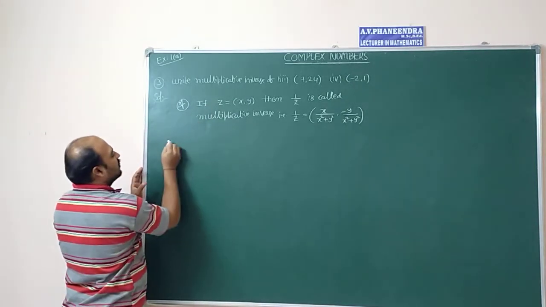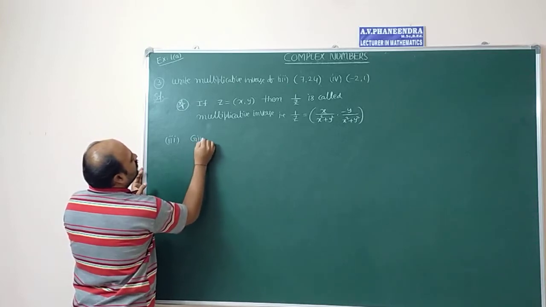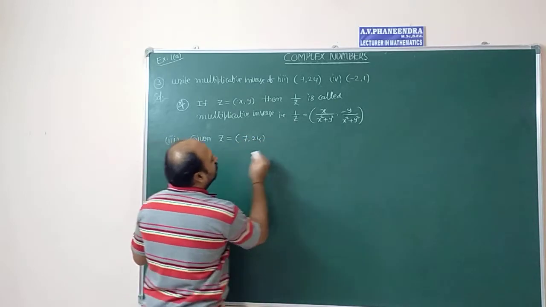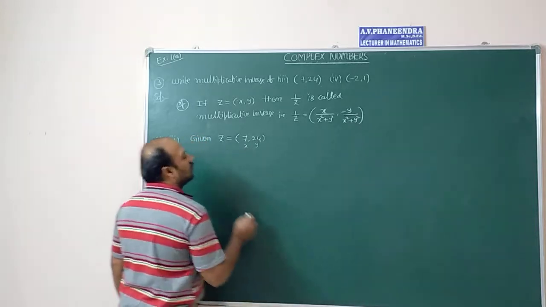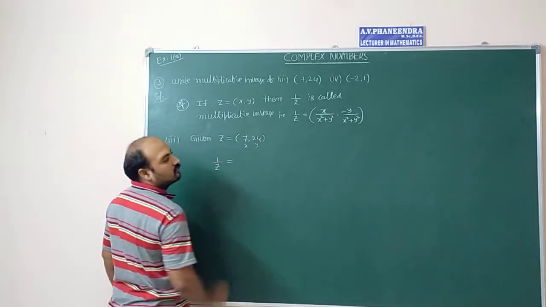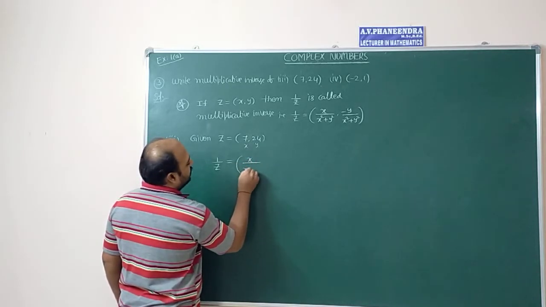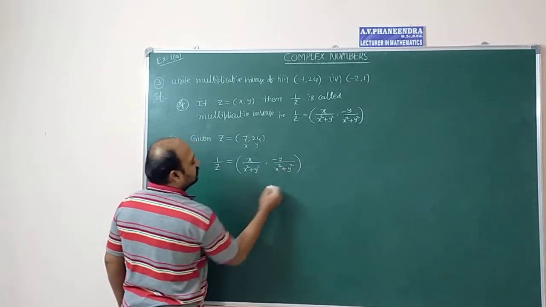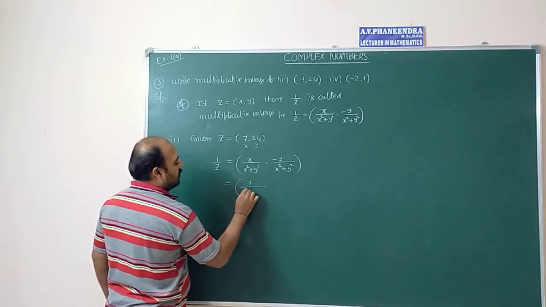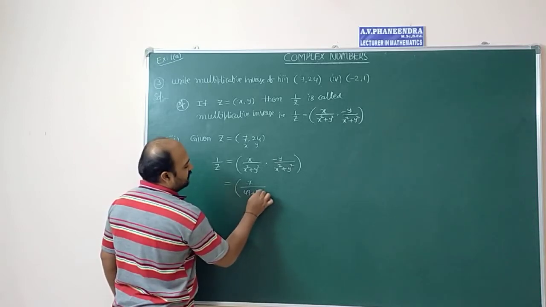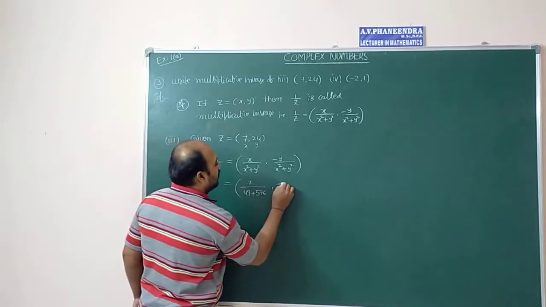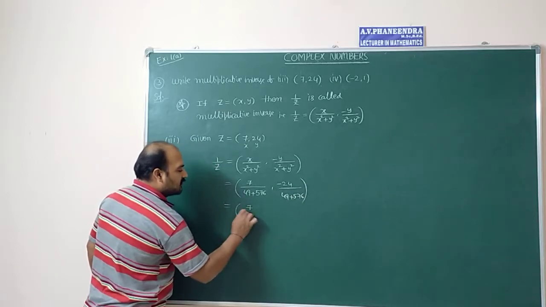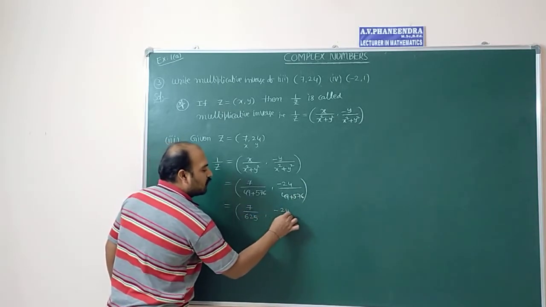Now come to the third question, Roman letter 3, that given Z is equal to 7 comma 24, this is X, this is Y. 1 by Z is equal to X by X square plus Y square, minus Y by X square plus Y square, which is equal to 7 by 7 square, that is 49, plus 24 whole square, 576, minus 24 divided by 49 plus 576, which is equal to 7 by 625 minus 24 by 625.